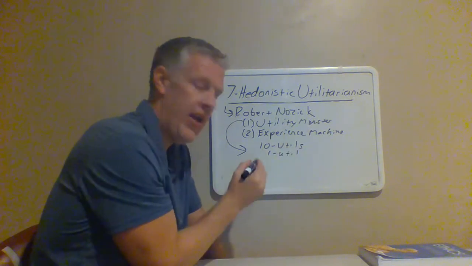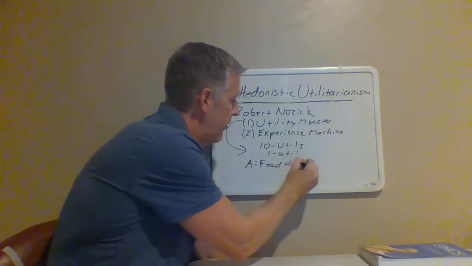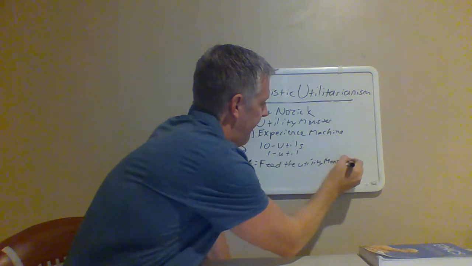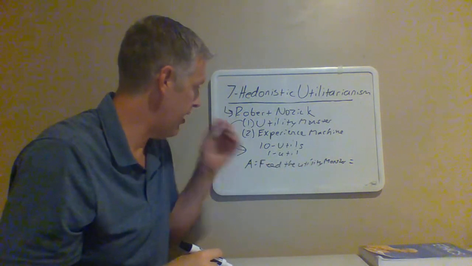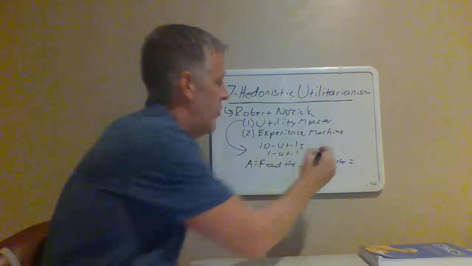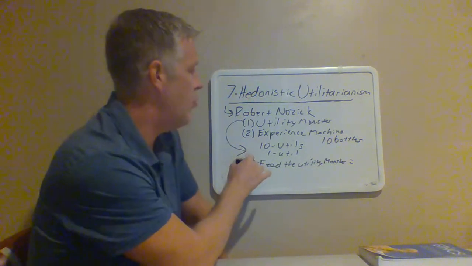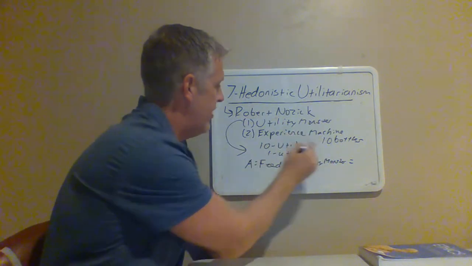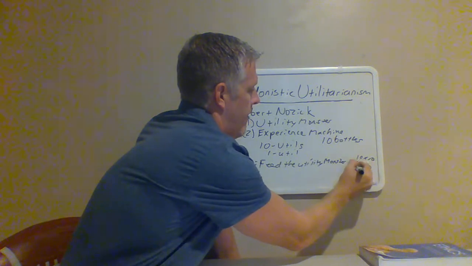Okay, so course of action A: feed the utility monster. We have 10 bottles of water, and there's 10 of us. If we do option A, we give all 10 bottles to the utility monster, because 10 times 10 equals 100.